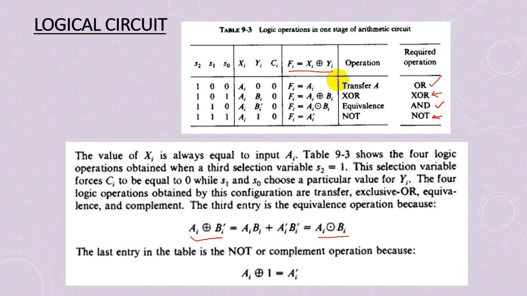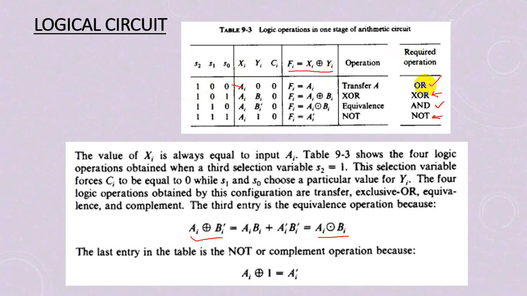Let's play a trick. What is the trick? Very simple trick. Look at over here. We will modify A. So instead of A, when the selection pin is 1, 0, 0, we give A or B, that is X equal to A or B. If you do like that, we get the OR operation.